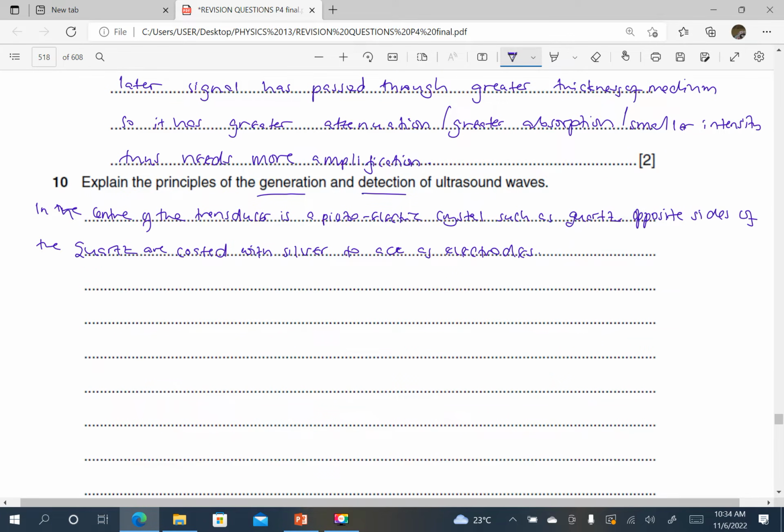When the crystal is unstressed, the centers of the positive and negative ions in any one unit coincide.